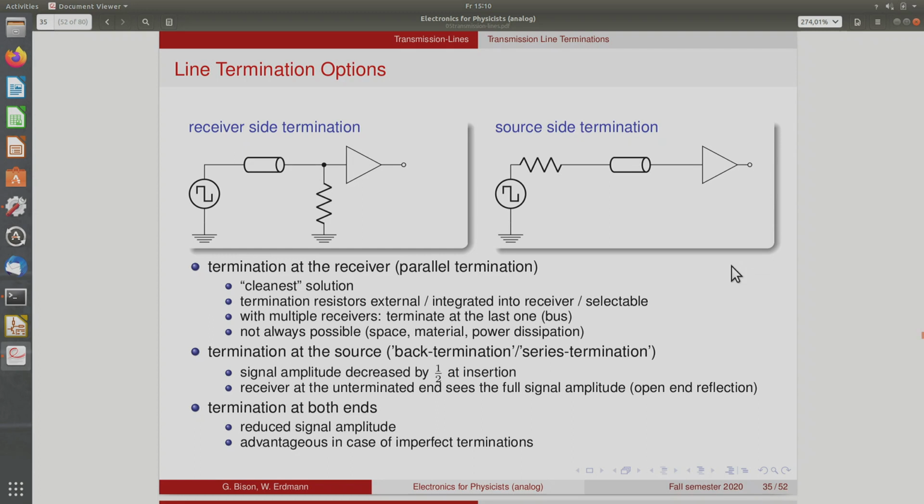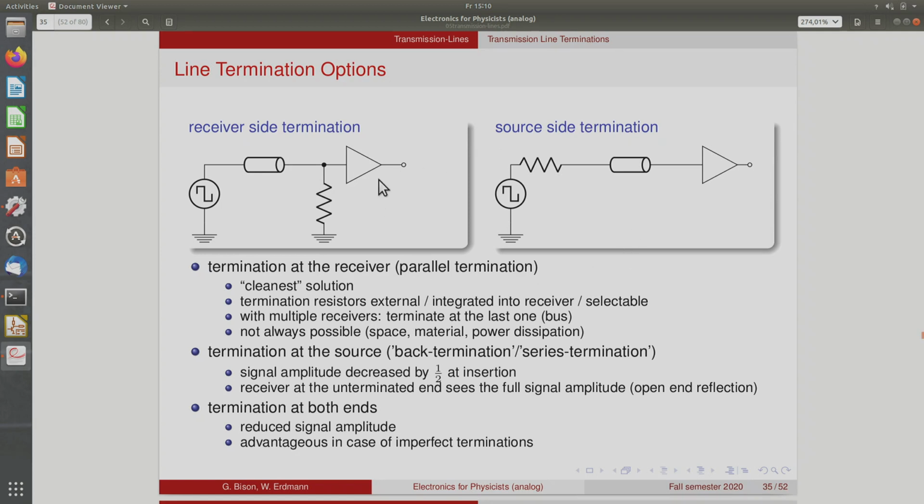Okay. Now, what does that mean in practice? How do you terminate your signals? So let's say you have a signal source here, and you have a transmission line, and you have a receiver on the other end. The receiver is like an ideal amplifier. It has no input resistance.